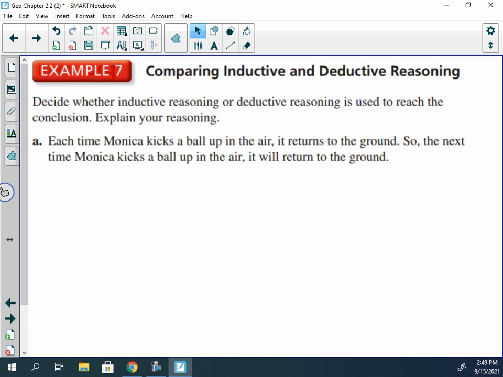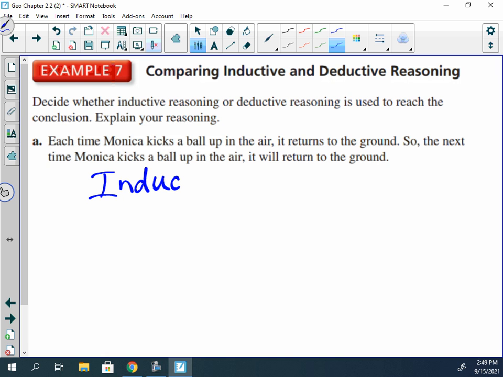Why would we say inductive? It's a pattern, isn't it? Because each time she kicks it up in the air, what's happening? She's kicking the ball up in the air and it's coming back to the ground, yes?